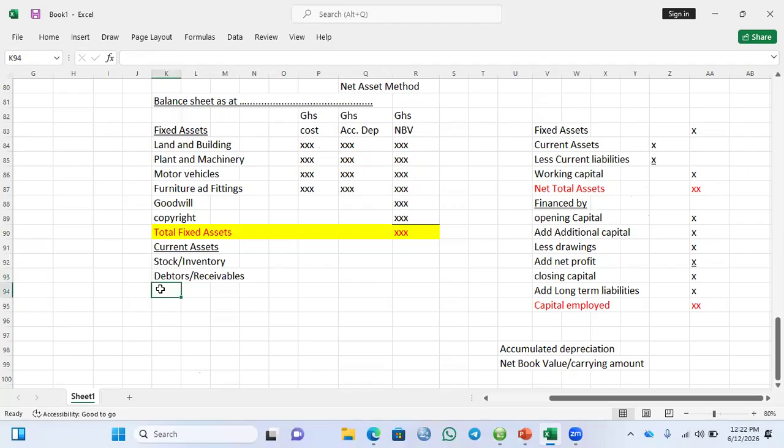Let me introduce two things that you might be wondering, how are these things assets? So we have what we call prepaid expenses. And what is a prepaid expense? It's just an expense you have not incurred, but you have made payment for it. Example, you have paid a landlord for 3 years, but you have actually stayed in the room for a year.